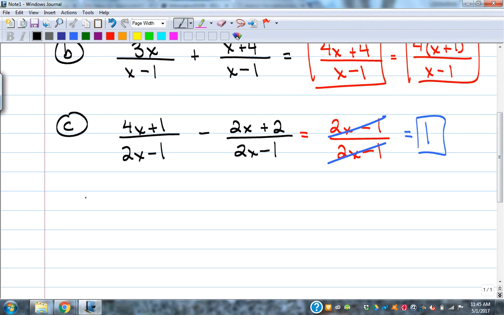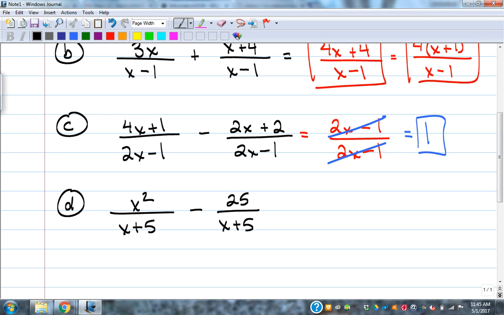Okay, so let's look at a few, well, let's do one more that's the same denominator before we get into the crazy of not the same denominator. X squared over x plus 5 minus 25 over x plus 5.